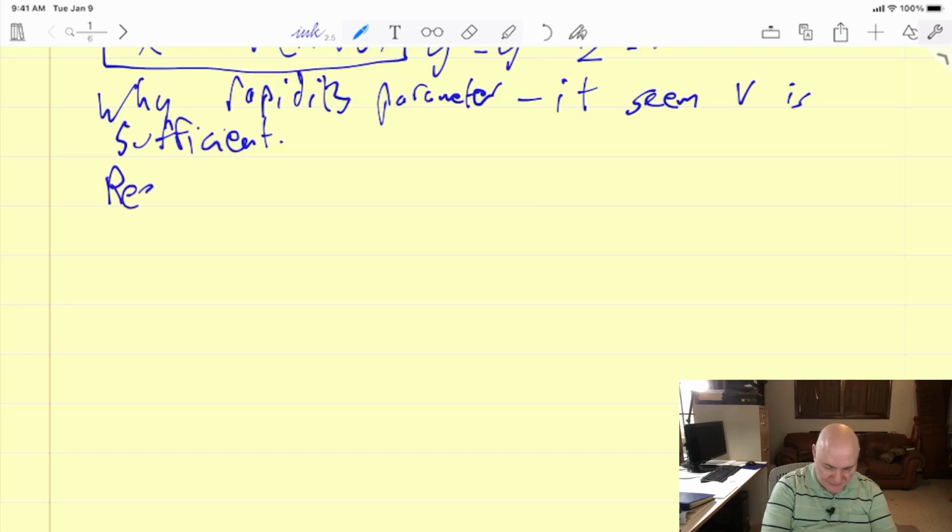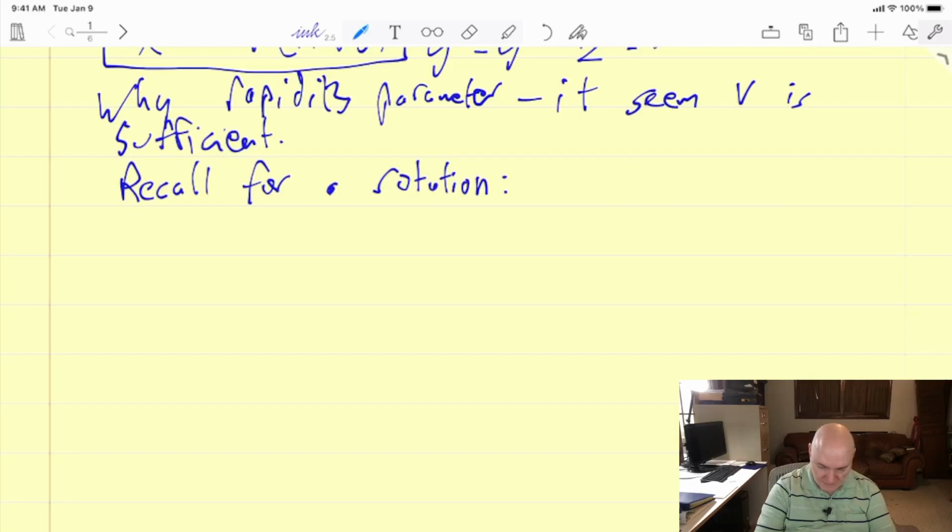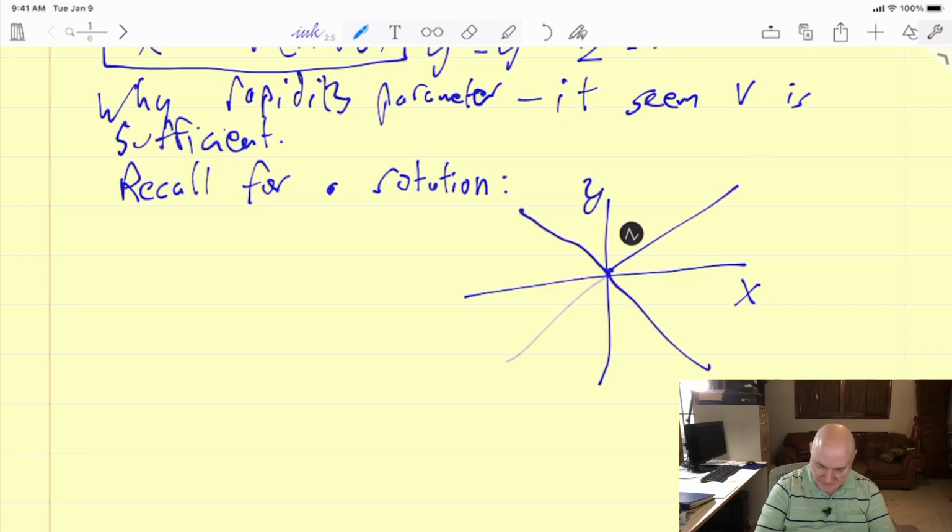So to motivate it, recall for a rotation, let's say we have x, y, and we rotate by an angle theta.